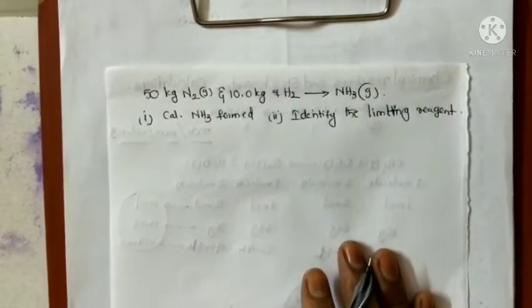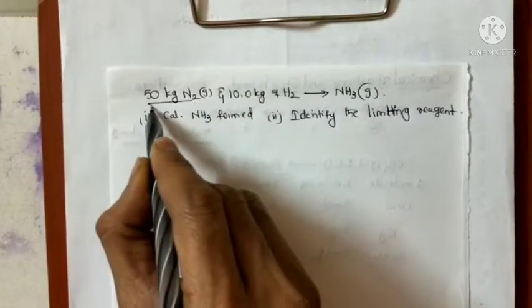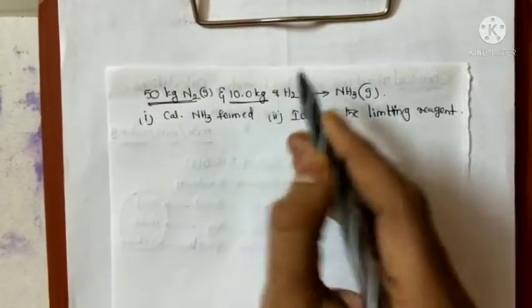So this is our task. So which one is given? The quantity of nitrogen as well as the quantity of hydrogen is given.